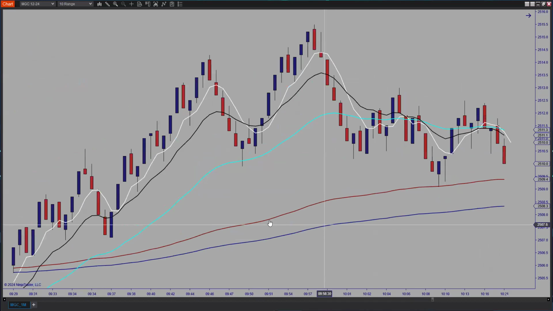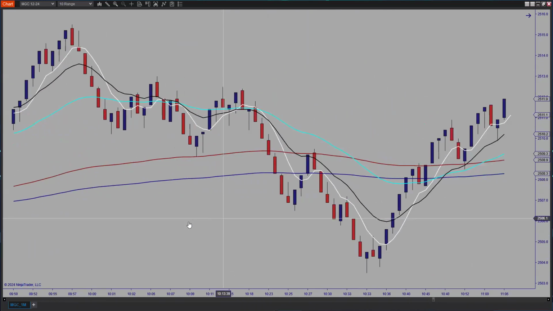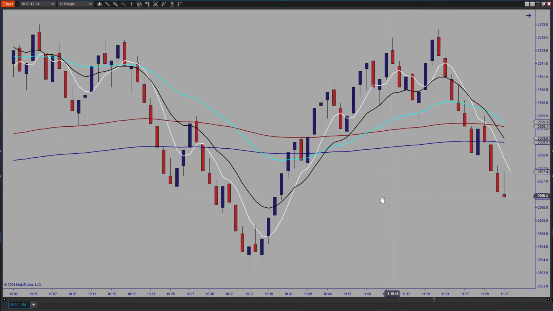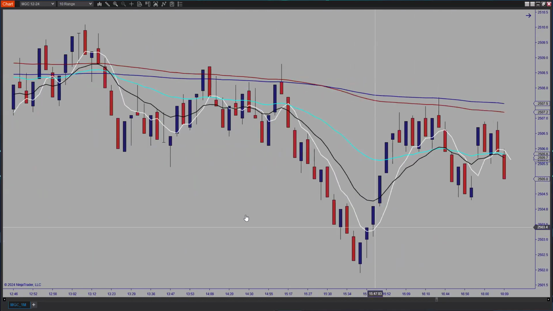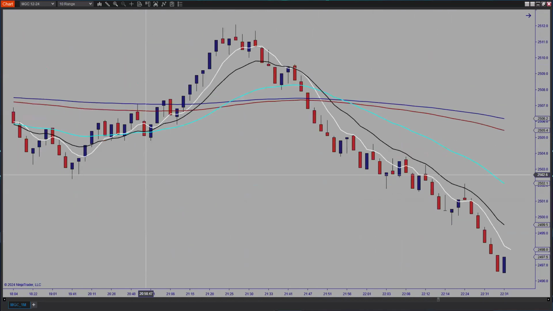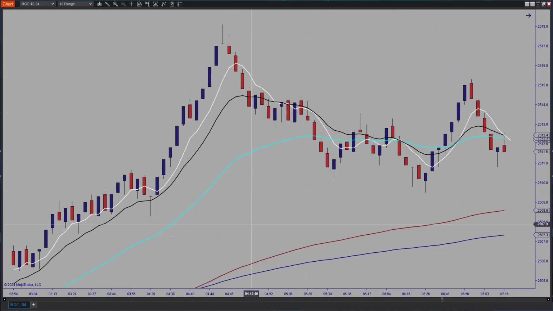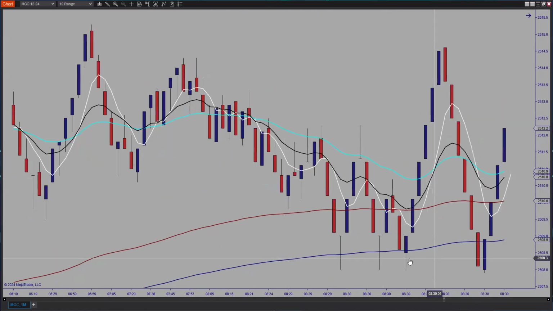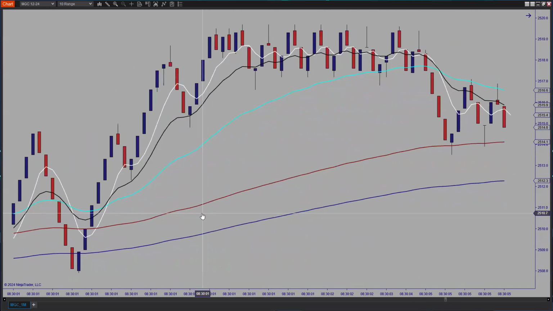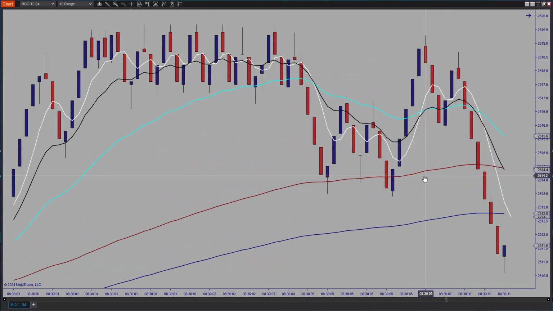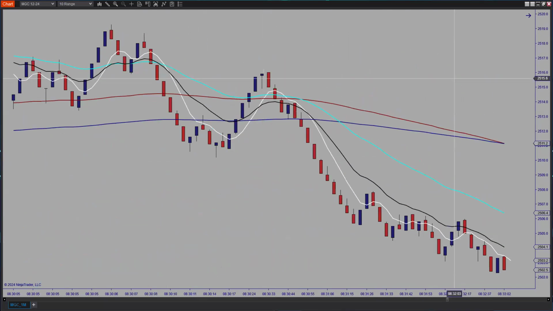Okay, flat, flat, flat. No direction. These trades are for very directional markets. There we go. Now we got some movement. I've got news.